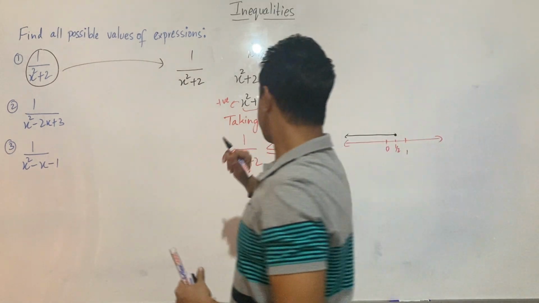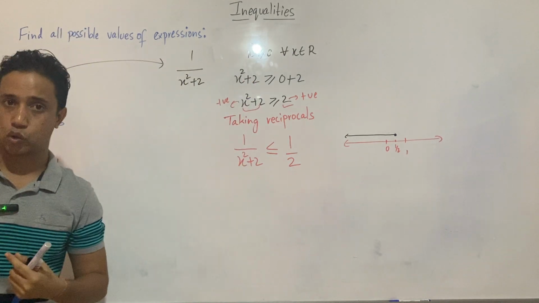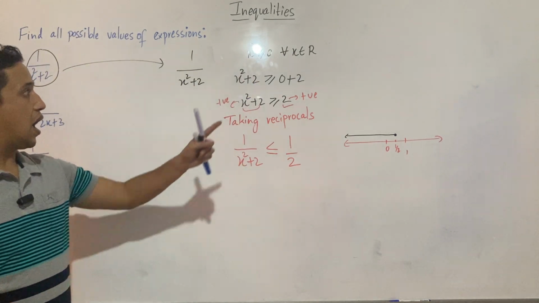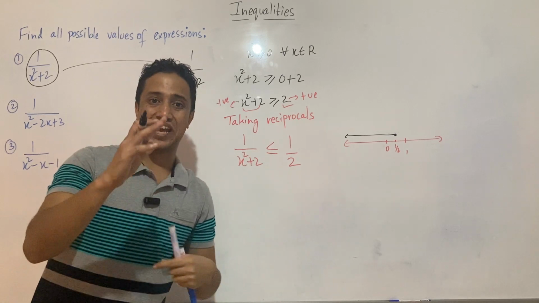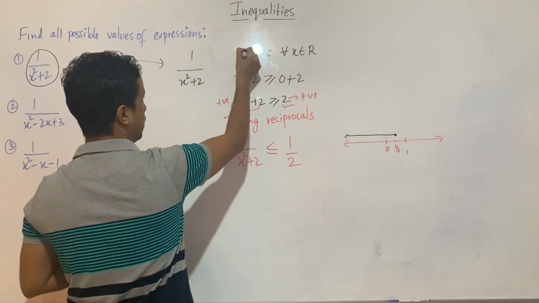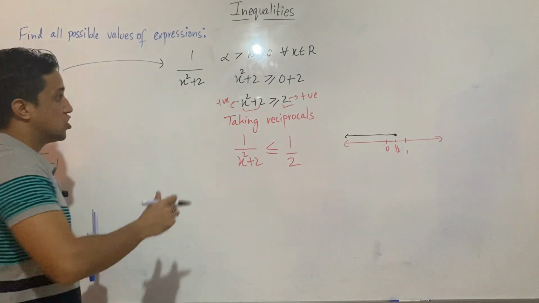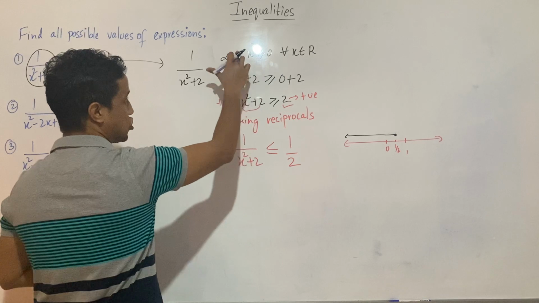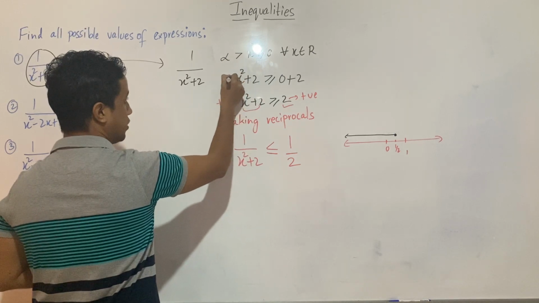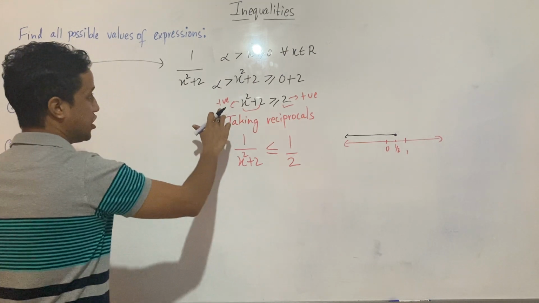Now you see, before I said that x square is going to be greater than or equal to 0. So the value of x square can go from 0 to infinity. You won't mind if I put infinity here. When you add 2 to both sides, it still remains infinity.